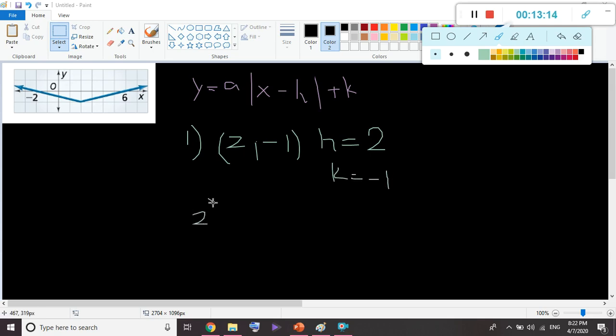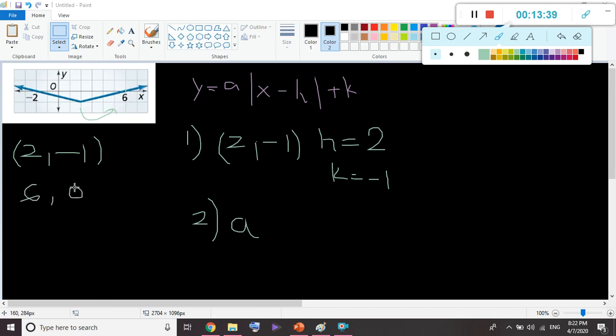The second thing we have to know here is the factor of compression or stretching here, which is A based on the slope. So we have here the vertex. The first point we have is 2, -1. We're going to find a point to the right of the vertex. So let's have, for example, here we're having this, right? So it's going to be 6, 0.